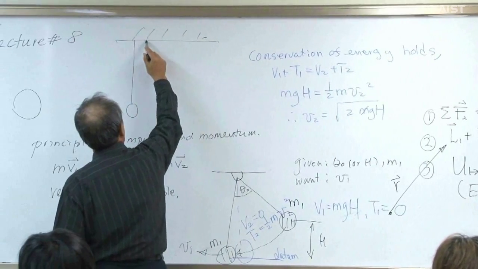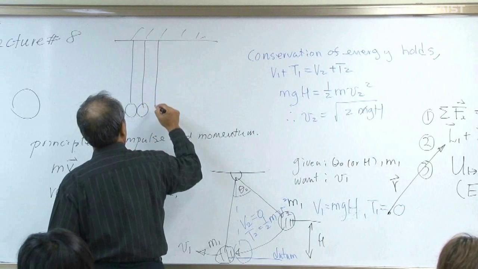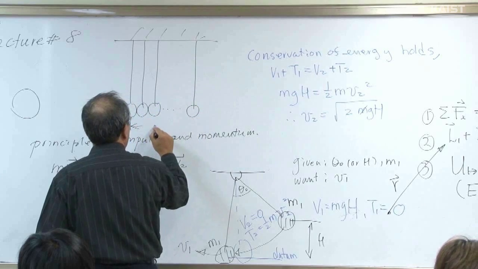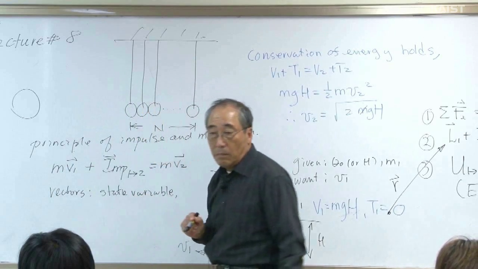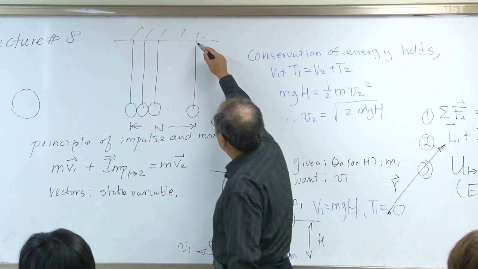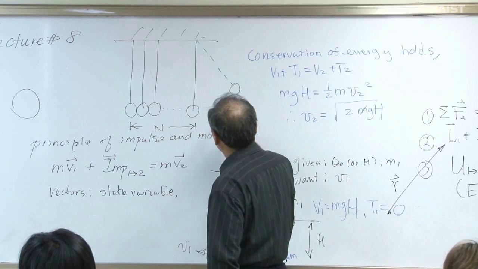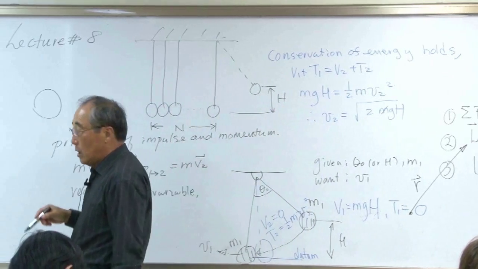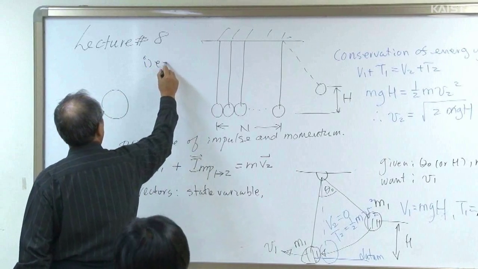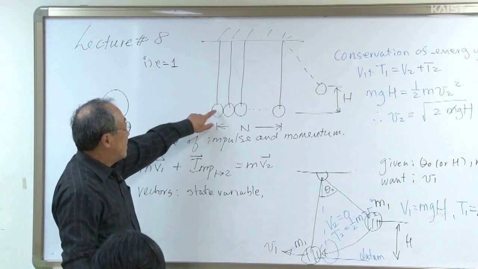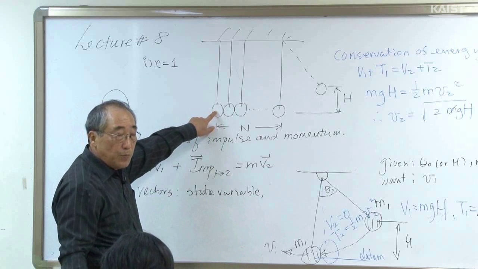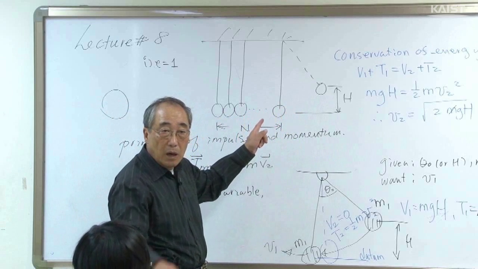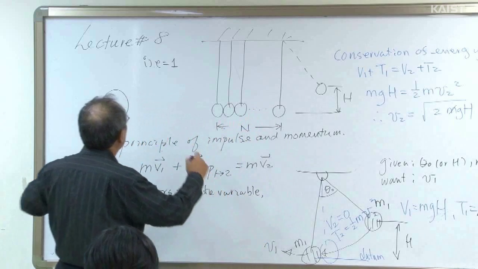Say you have n pendulums, and you raise this pendulum over here to a height of h, and if E equals 1, what would be the height of the last pendulum when this hits this ball? Huh? h.